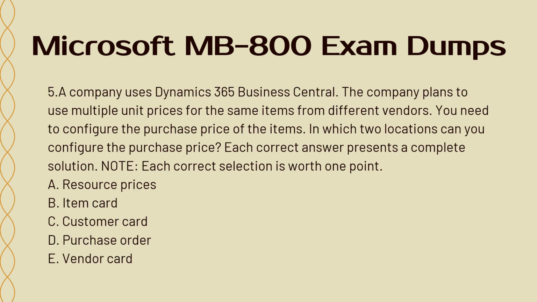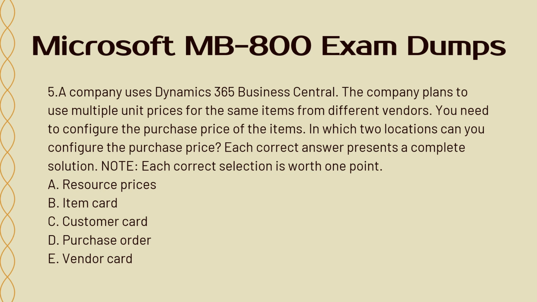5. A company uses Dynamics 365 Business Central. The company plans to use multiple unit prices for the same items from different vendors. You need to configure the purchase price of the items. In which two locations can you configure the purchase price? Each correct answer presents a complete solution.